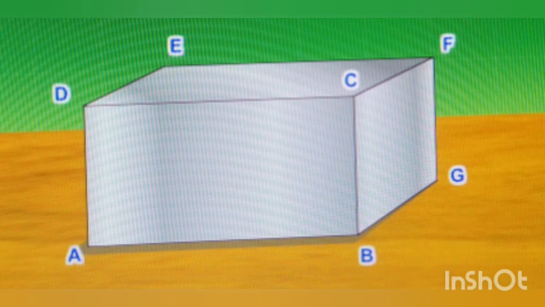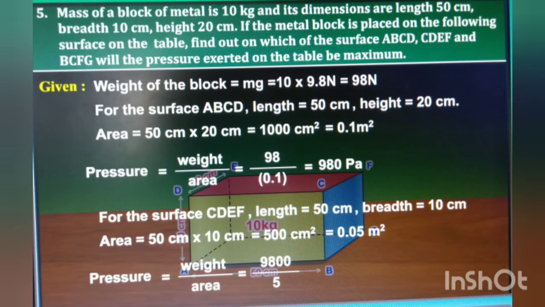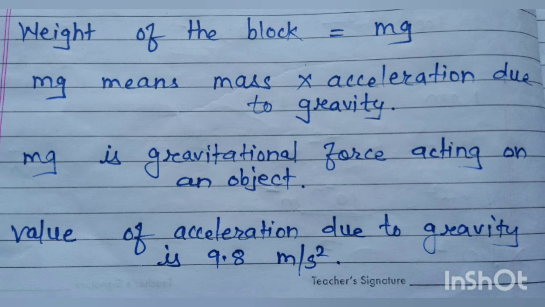See the figure. Now, given weight of the block is equal to mg, mass into acceleration due to gravity. Mg is the gravitational force acting on an object. Here we consider mg as the gravitational force acting on this block of metal. The value of the acceleration due to gravity is constant, that is 9.8 meter per second square.